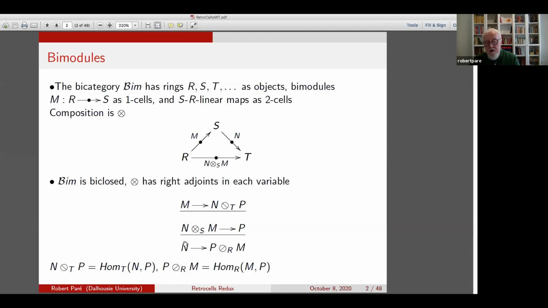So this notation I took from Lambek's book Rings and Modules, 1966. So you have multiplication, and then the right adjoint is division in some sense. So it's division on the left, division on the right. Some people use lollipop for this.